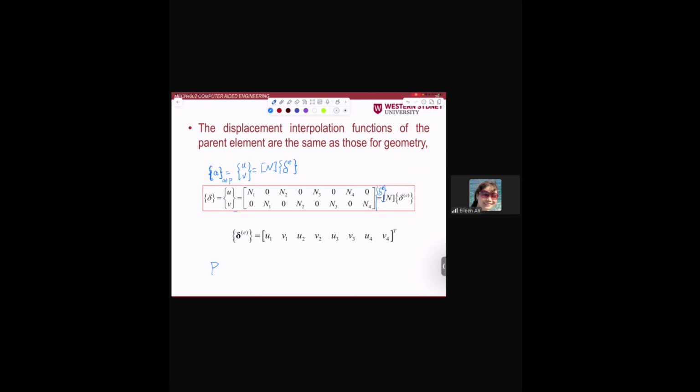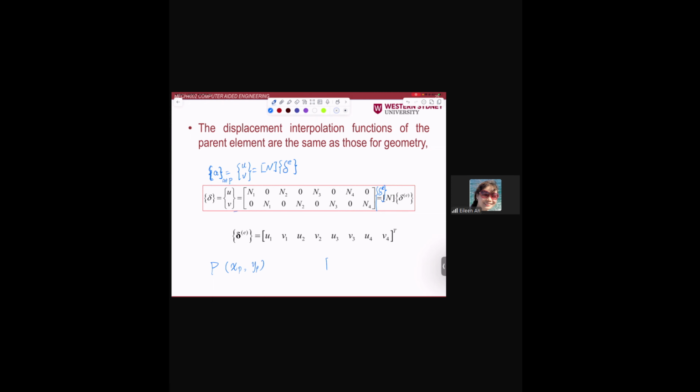If the given point P is in the global coordinate system, for example, you know the point P is located at xp, yp, you have to make sure those shape functions are using the variables x and y.